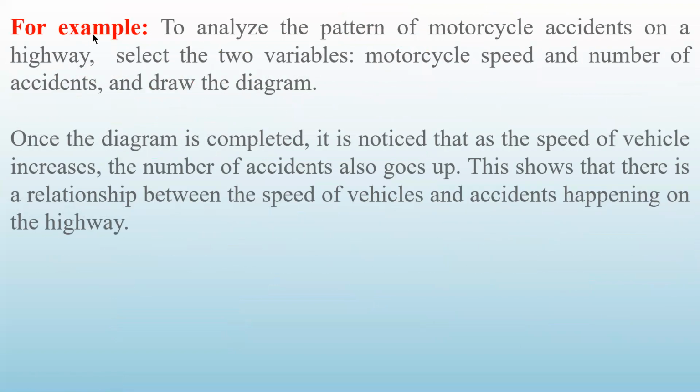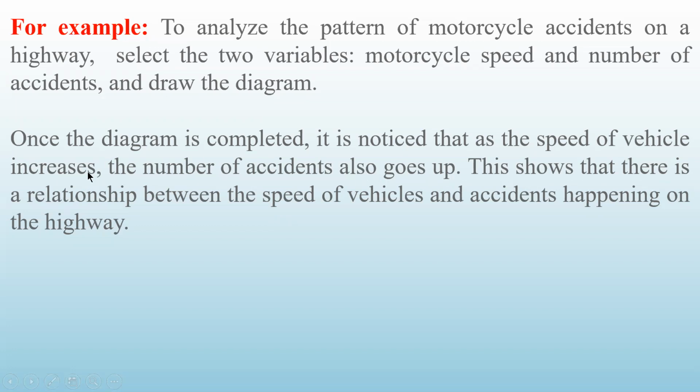So, for example, to analyze the pattern of motorcycle accidents on a highway, we'll select two variables. One, x, will be the speed of the motorcycle and y will be the number of accidents. And we will draw the scatter diagram. Once the diagram is completed, it is noticed that as the speed of the vehicle increases, the number of accidents also goes up.